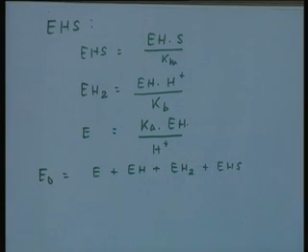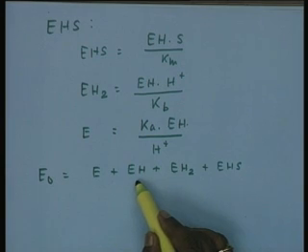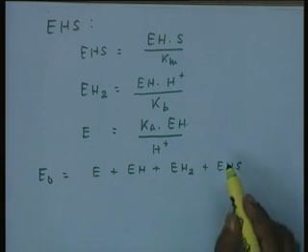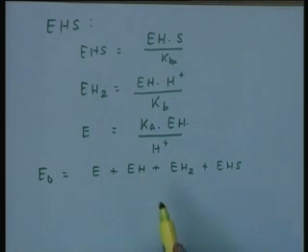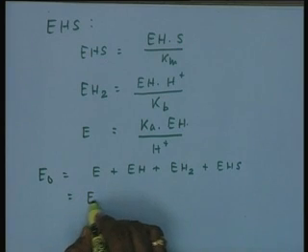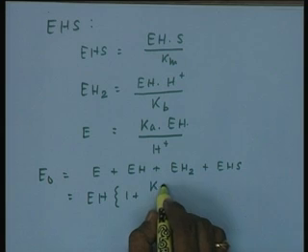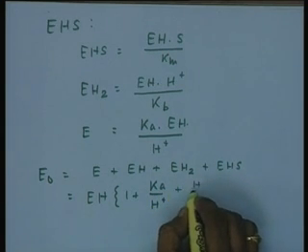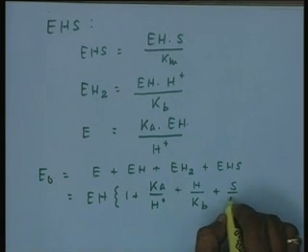Basically, the total enzyme is present in four different species: the free enzyme, the partially protonated, the fully protonated, and the substrate-bound form, which binds only with EH. Therefore, substituting the values, we can write EH into 1 plus Ka upon H plus H upon Kb plus S upon Km.